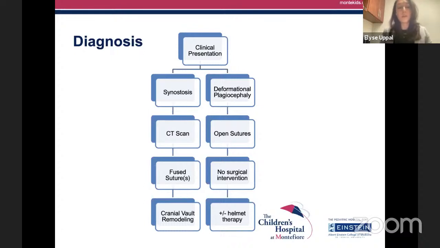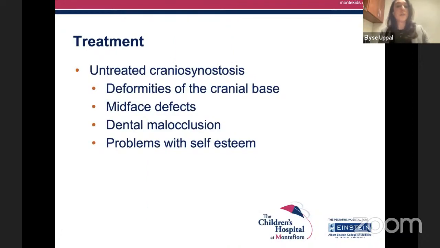There may be helmet therapy. There may be other non-invasive interventions that we can do for those patients. So why do we treat? Untreated craniosynostosis can lead to deformities of the cranial base, mid-face defects, dental malocclusion, and of course, issues with self-esteem.